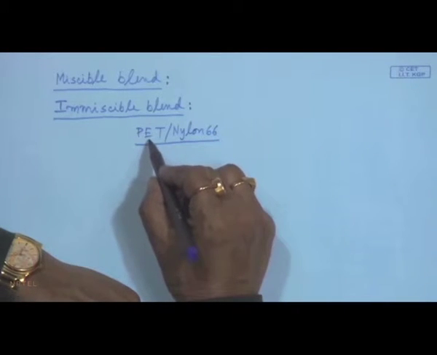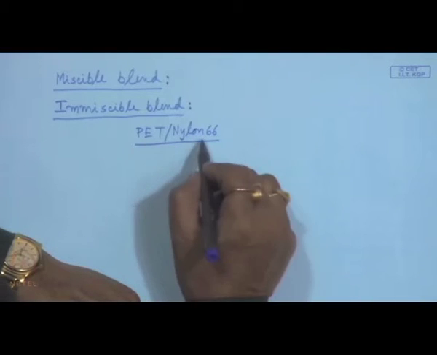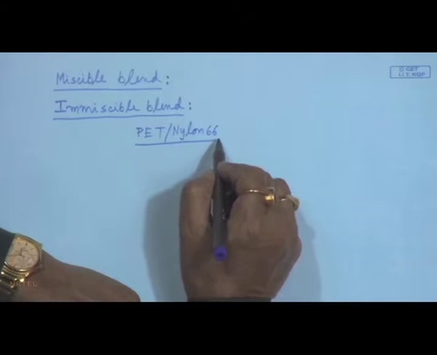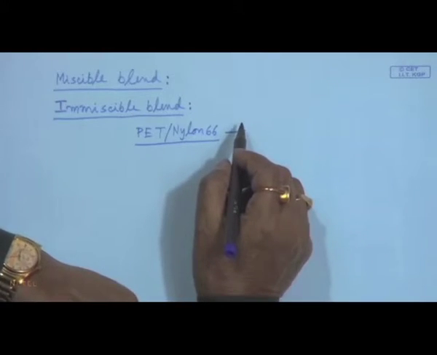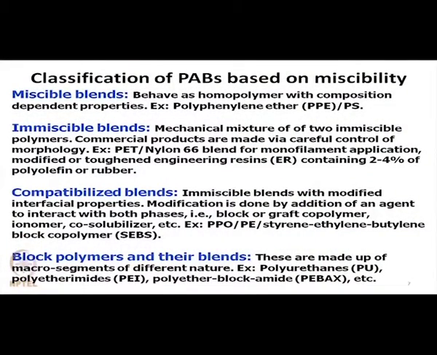Still, since these two polymers are a little polar in nature, through polar interaction they can be used for making a blend, but their properties can also be modified or toughened with engineering reagents containing 2 to 4% of polyolefin or rubber. So, these polymers can be blended, compatibilized with a small percentage of some other polymer, that can be a polyolefin, say polyethylene or polypropylene, or a rubber.